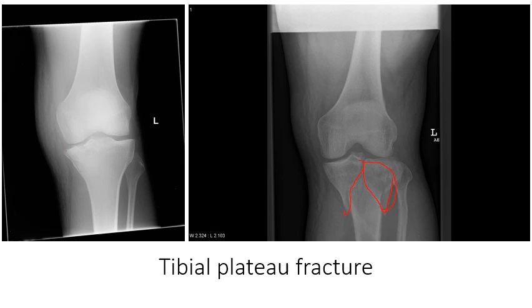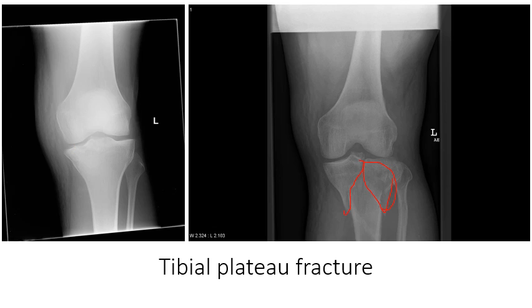First of all, let's see what we mean by tibial plateau. This is known as the tibial plateau, the red line which I have drawn. Now, you can see here there is a very subtle fracture over here. There is increased bone density.